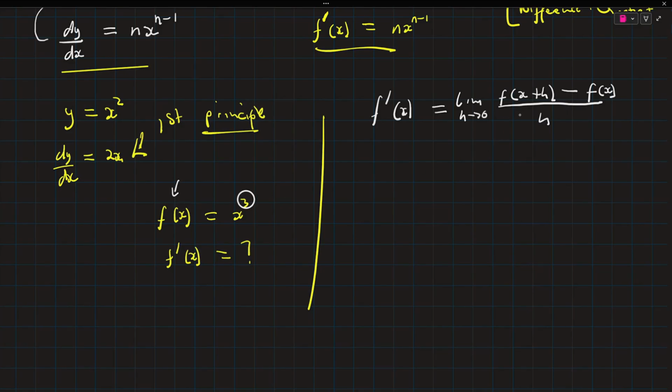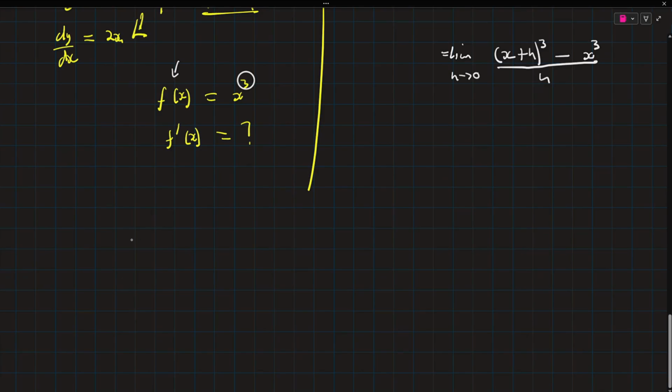So that's going to be the limit as h approaches 0 of x plus h cubed. Are we together? Minus f of x. What is our f of x? It is x cubed. Are we together? It's all over h.